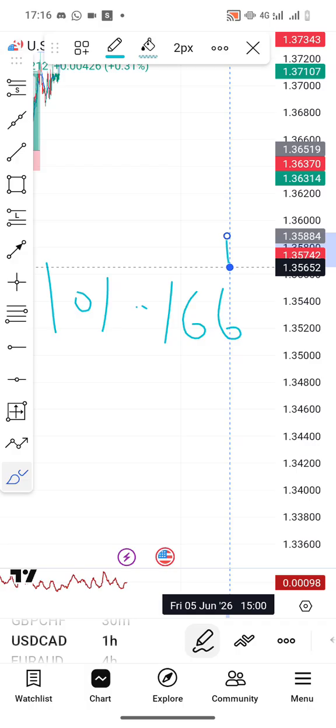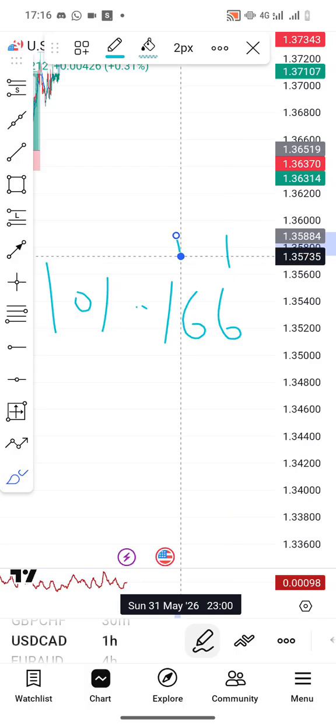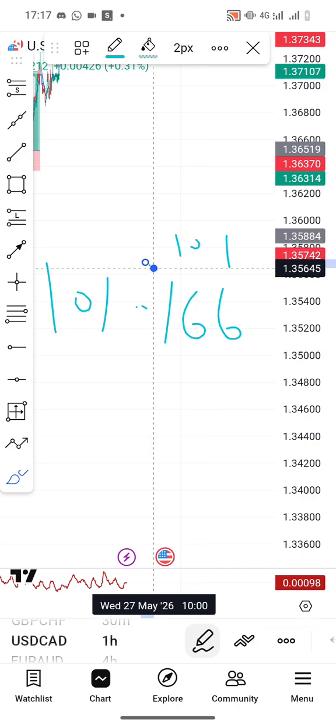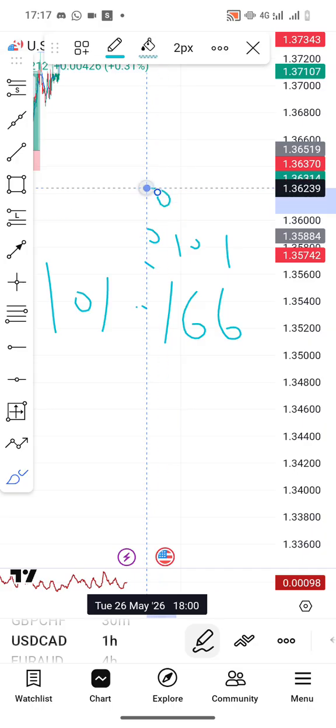And if this moves from 6 to 5 or 4, we have initially dropped down 10 pip. While if this one right here moves from 1 to 2, we have initially dropped down 100 pip.